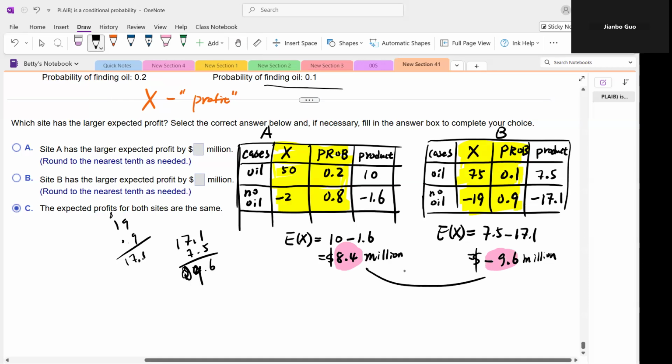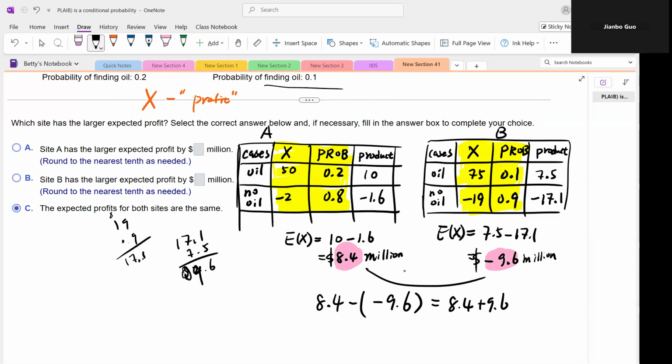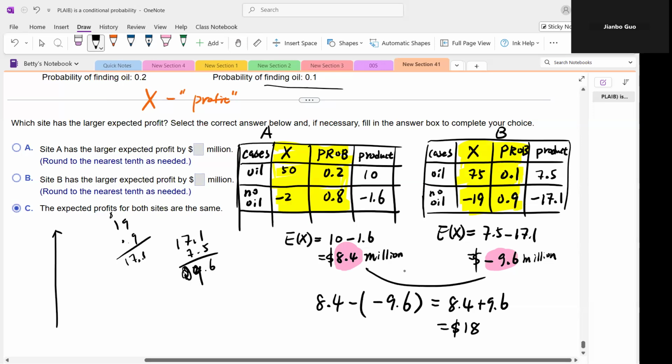We need to use 8.4 minus negative 9.6. So actually we are adding 8.4 and 9.6 together. So that gives us 18. Okay, 18 million. The difference is 18 million. I can also use a real number line to explain. So this is 0, right? The expected profit for site A, 8.4, is right here.